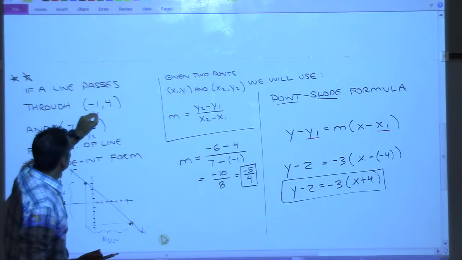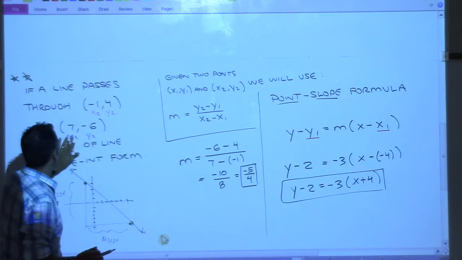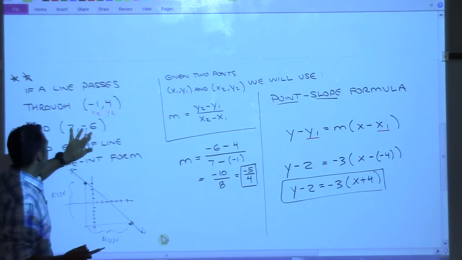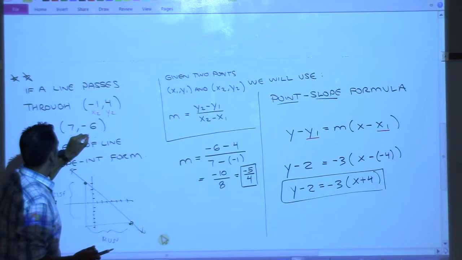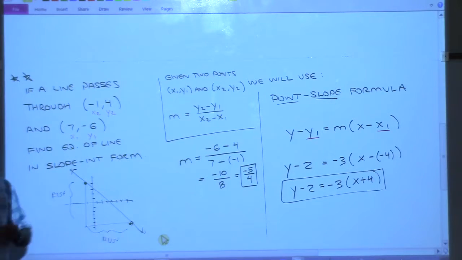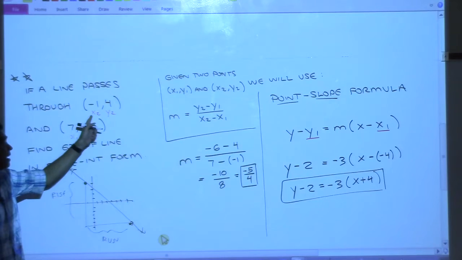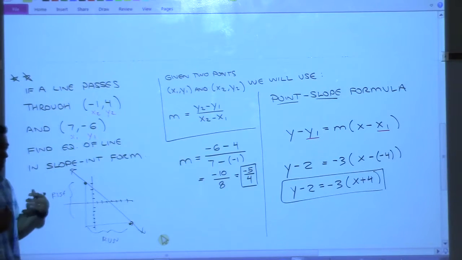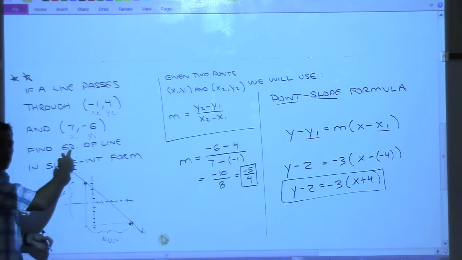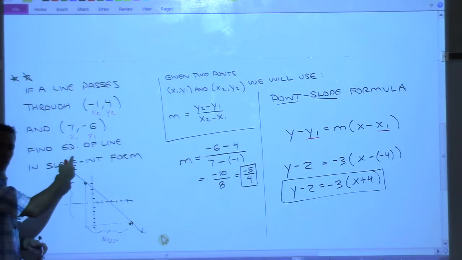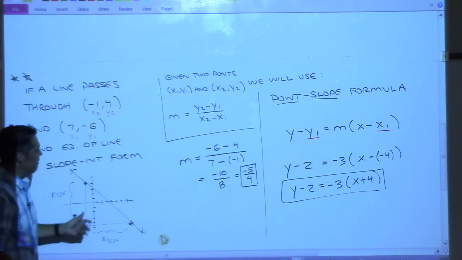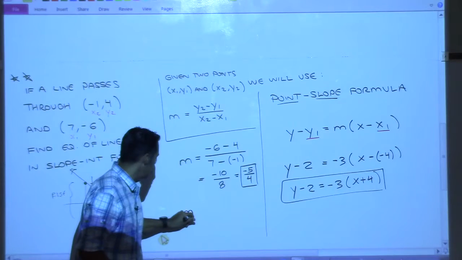I'm going to call this x2, y2, and I'm going to call this one x1, y1. So he flips them because he doesn't like to listen to what people tell him to do. So is he going to get the answer incorrect? Because I called that x1, y1, this one x2, y2. Rodrigo decides to do it this way. So is he going to get the wrong answer? Let's see. If he does it that way, what's his slope going to be?